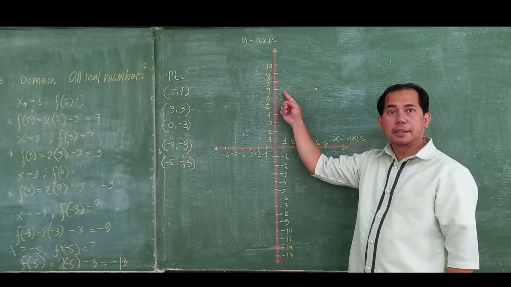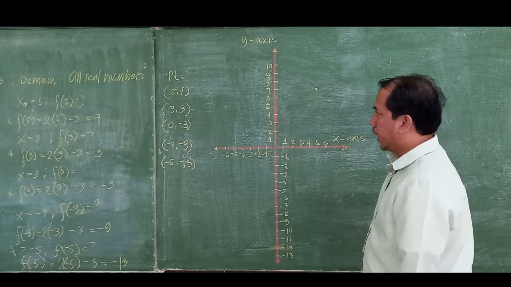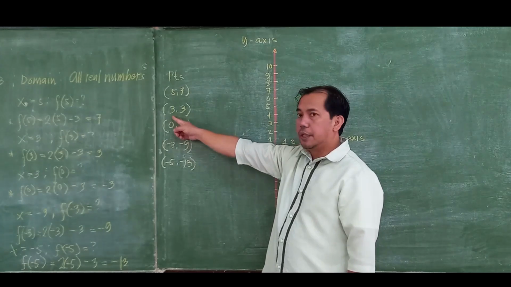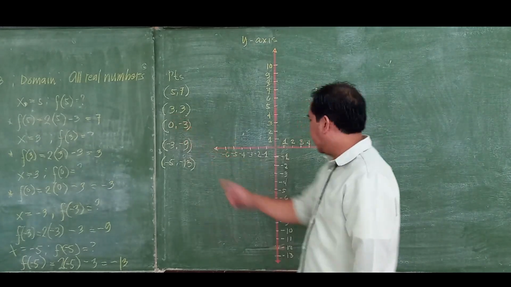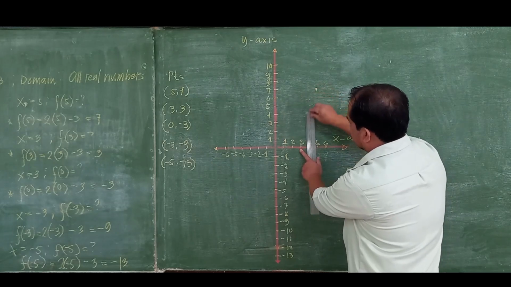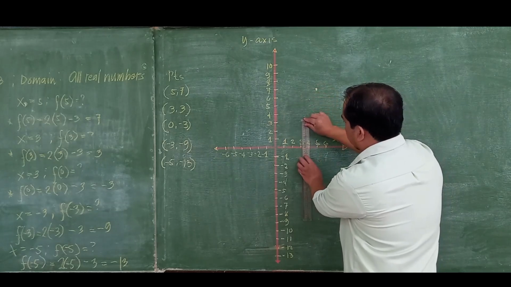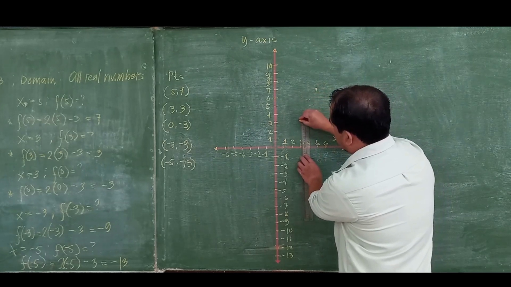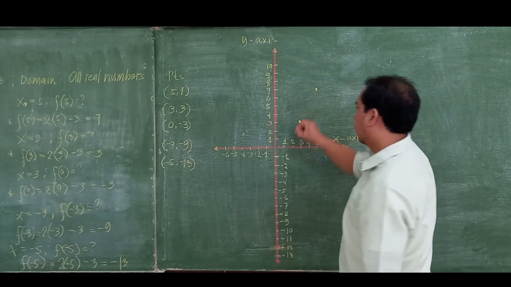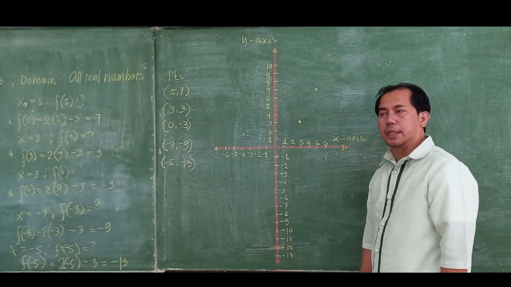Is it aligned? Now next, 3 and 3. Our x is 3, our y is 3. So you align the location of the points. We have it here. Is it aligned? Okay, that is point 3 and 3.